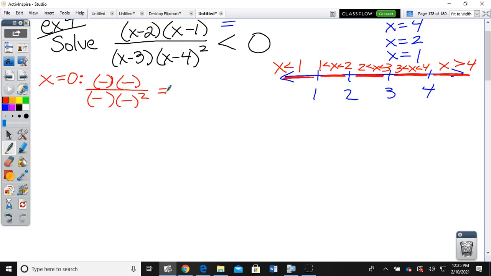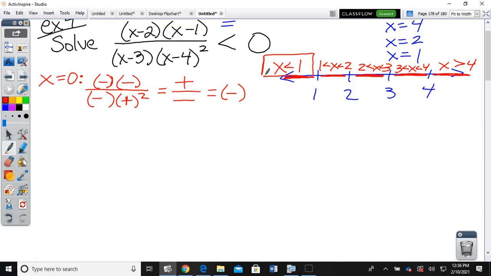Okay? Well, negative squared becomes a what? A positive. So I end up with a negative times a negative on top, which is a positive, divided by a negative. And what's positive divided by negative? It is equal to a negative. So would that one work? Yes. Because if I get a negative number, it's going to be less than 0. Everybody see how I did that?